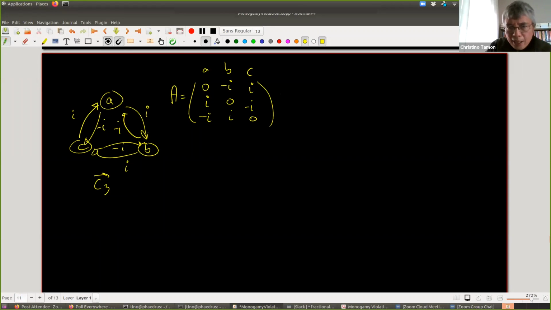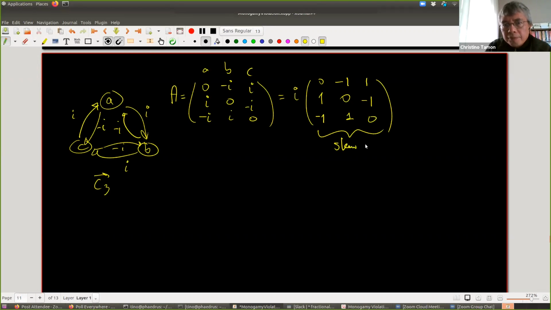But you can also view this. So this is what Sabrina actually did with Chris. So essentially view this as I times a skew symmetric matrix in some sense. Right? So this is skew symmetric. But this matrix itself is Hermitian.